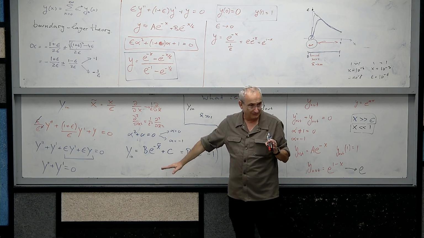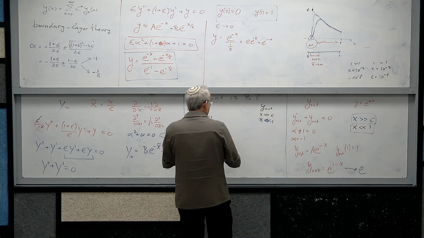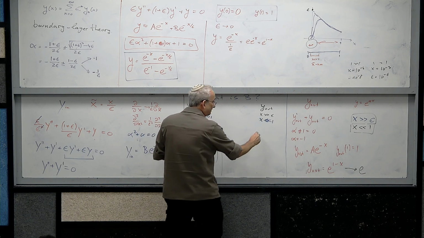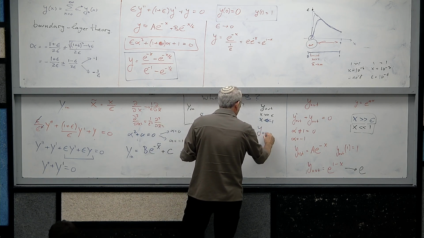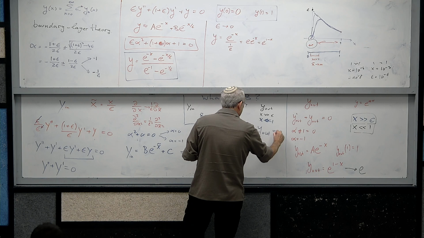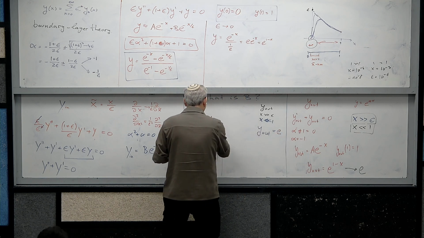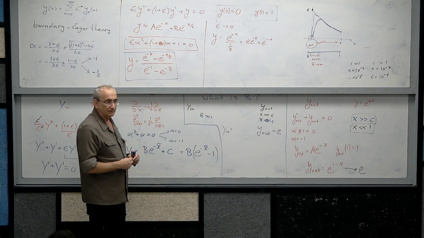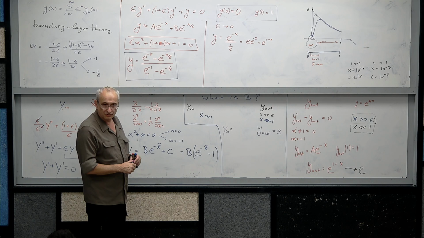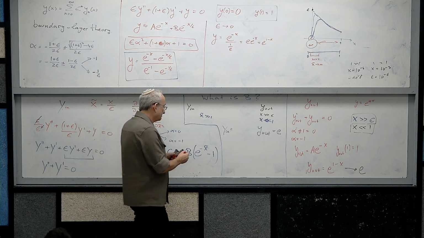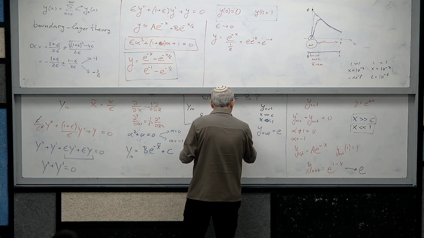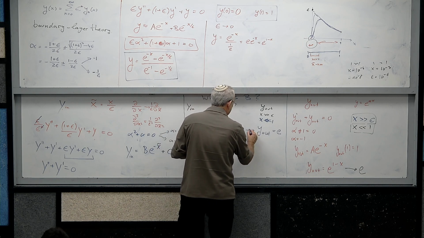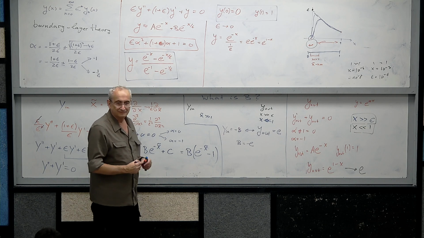There is a region where this approximation with respect to y out and this approximation with respect to y in should hold together. In this overlap region, I found that y out is e, and here I will find that y in is minus b. Therefore, matching means that b is minus e.